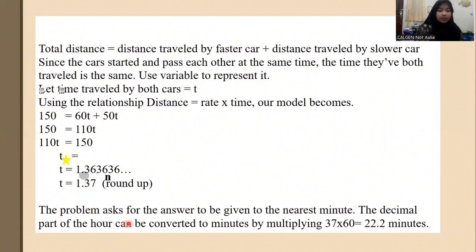The problem asks for the answer to the nearest minute. The decimal part of the hour can be converted to minutes by multiplying 0.37 times 60, which equals 22.2 minutes.